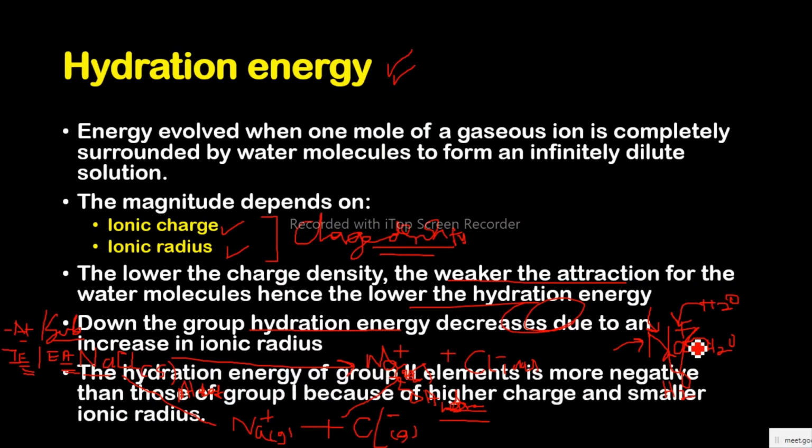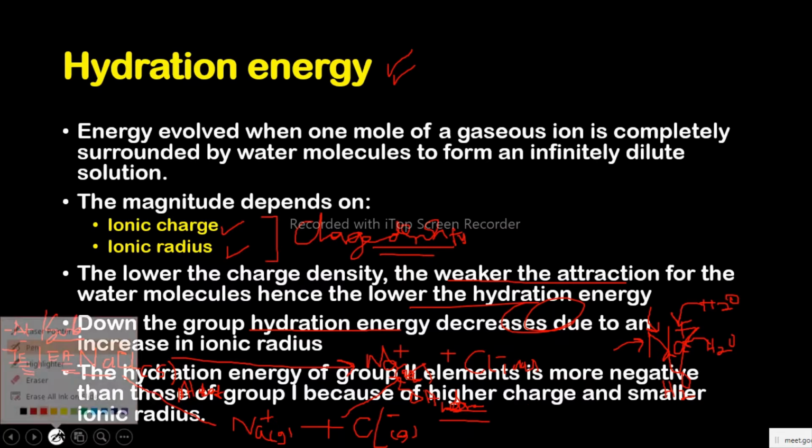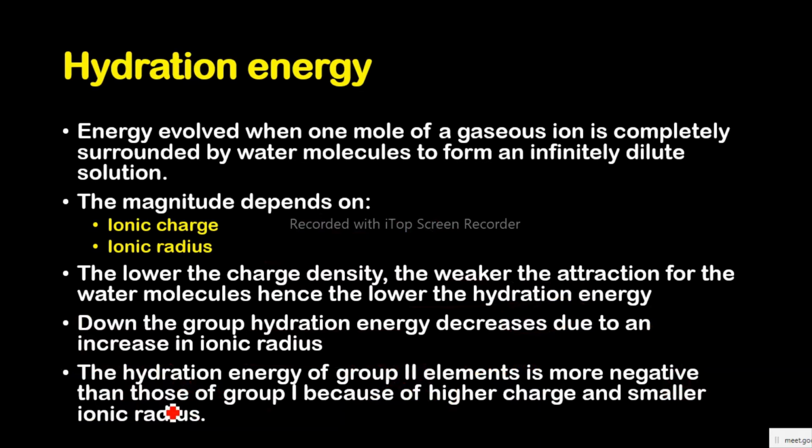And if you had to compare between the individual groups, group 1 and group 2 elements, you find that group 2 elements have relatively high hydration energy compared to group 1. Why? It still dates back to the charge density. Group 2 elements have a relatively high charge density because the ionic charge is high and the radius is small.